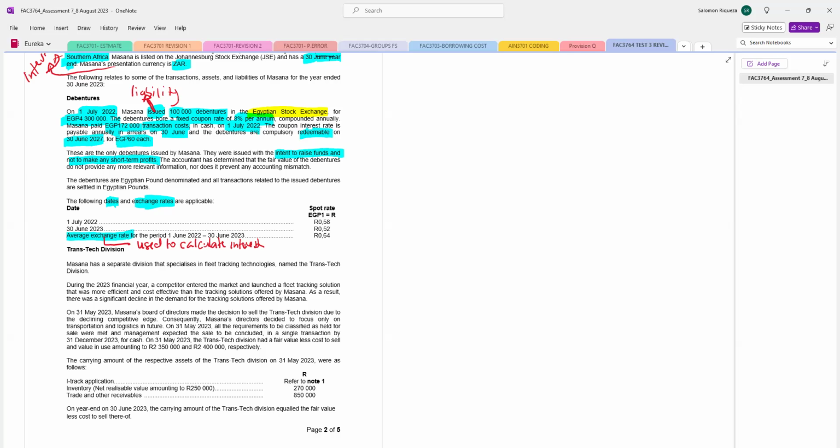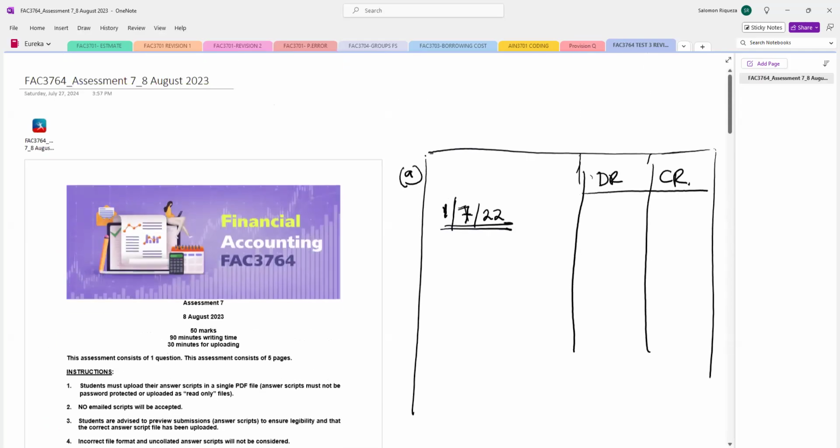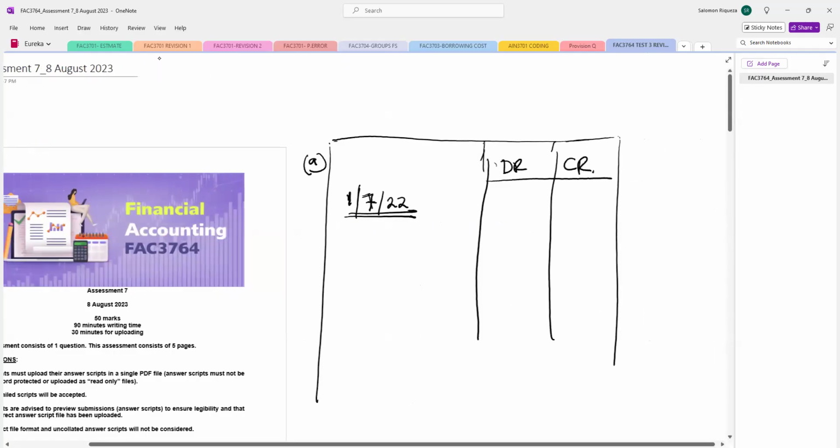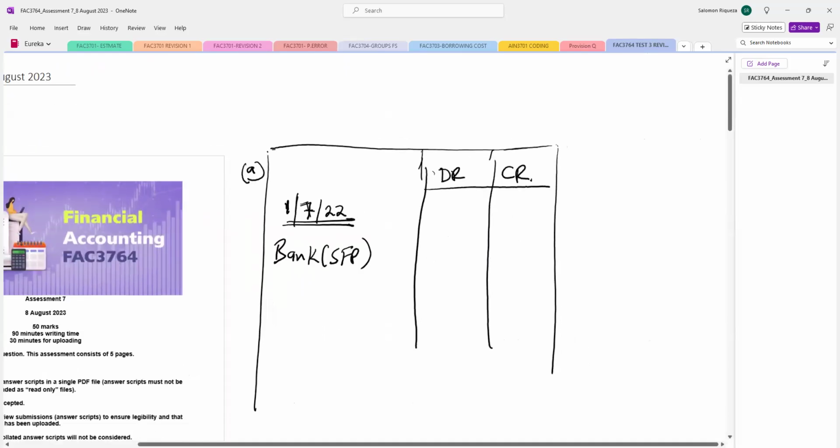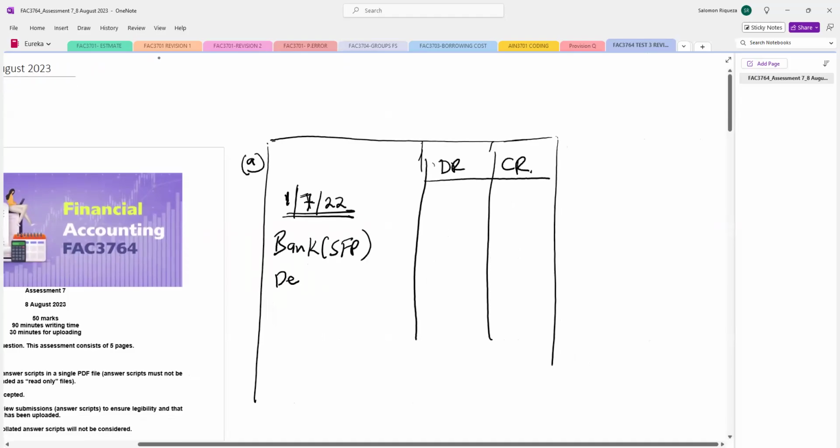We were even told that it was issued for 4,300,000, but we also had to pay transaction costs as well, right? So money did come in. We received money, bank, on this date, and we are going to also account for the liability, debentures.